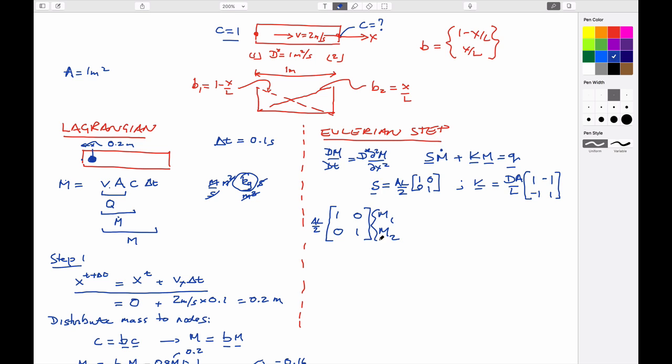Actually, rates of change of those, these are m dots. And add to that diffusion star times area divided by length times [1, -1; -1, 1].